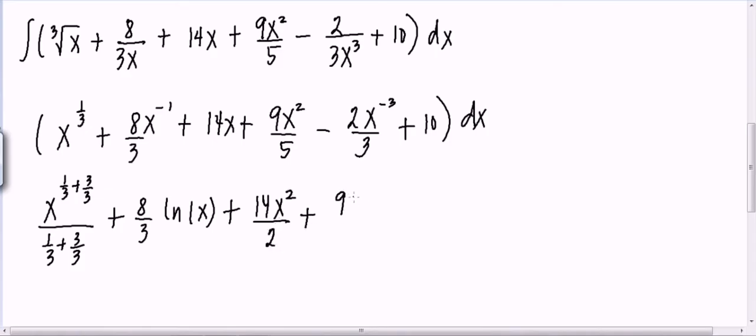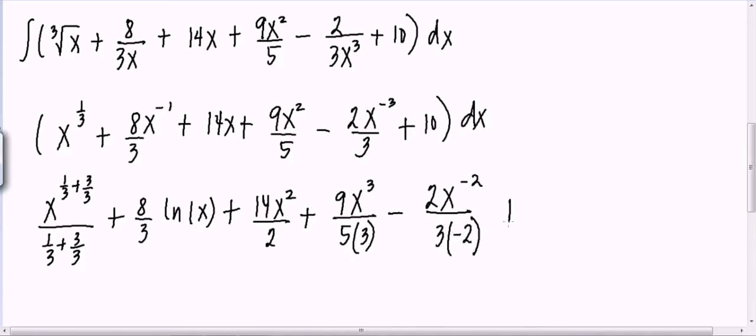Plus, so 9x magiging cube na. Over, so itong 5 na to, na originally nandyan, mamumultiply dito sa bagong exponent na 3. Minus, so 2x raised to negative 3 plus 1 is negative 2. So negative 2. Over, so yung 3 na yan, imumultiply ko sa negative 2. Okay, plus, integral ng 10, so constant yan, 10x.